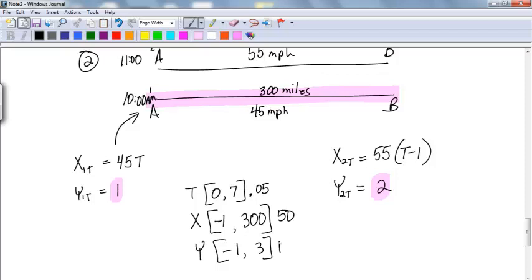Then we need to change the window. Let's go from 0 to 7 hours, and let's go 0.05. For the X, we're going -1 to 300, because it was 300 miles away, and I'm going to go scale 50. For the Y, -1 to 3, scale 1.